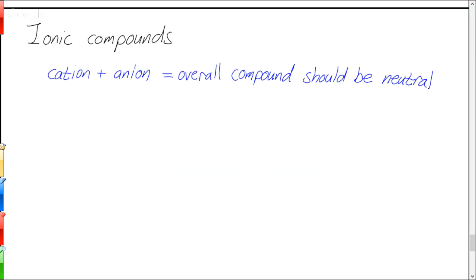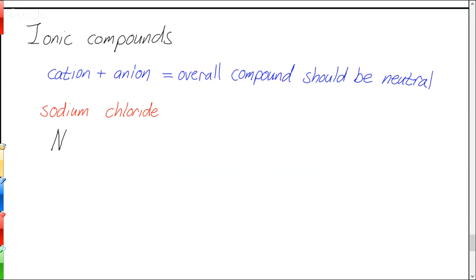So for example, let's say we wanted to know how to write a formula for the compound sodium chloride. The first thing you do is write down the symbols for the ions that are given.